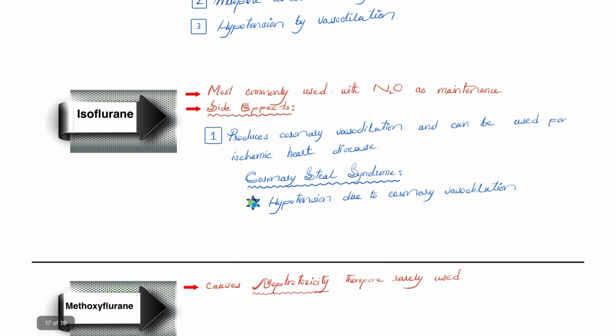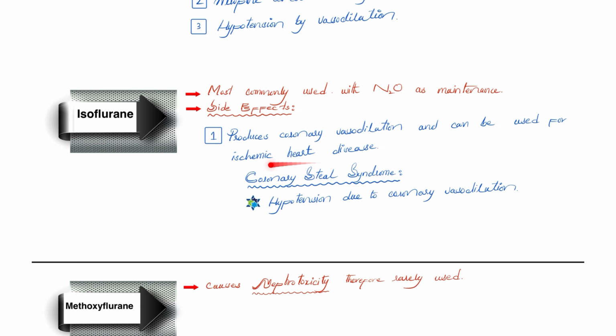The next example is isoflurane, most commonly used with nitrous oxide as maintenance. In a lot of operation theaters, isoflurane is combined with nitrous oxide and oxygen. What are the side effects? It produces coronary vasodilation. And the good thing is, because it causes coronary vasodilation, it increases coronary circulation and can be used for patients with ischemic heart disease.